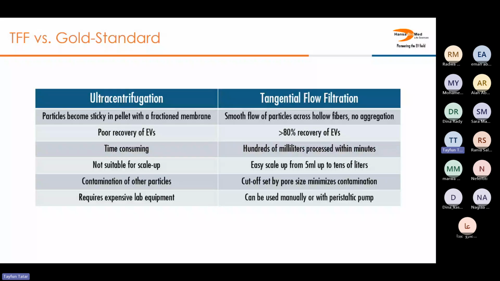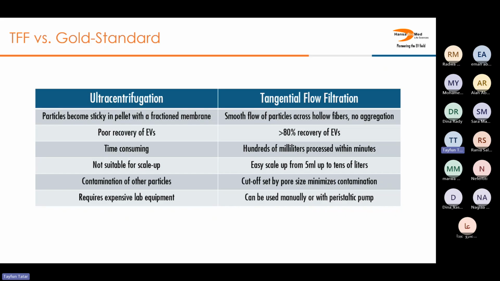And ultracentrifugation is not suitable for scale up. You can only buy a new ultracentrifuge to process more volume, which is not cost friendly. Whereas in tangential flow filtration, scale up is, as I mentioned earlier, possible from 5 to 10 milliliters up to tens of liters.